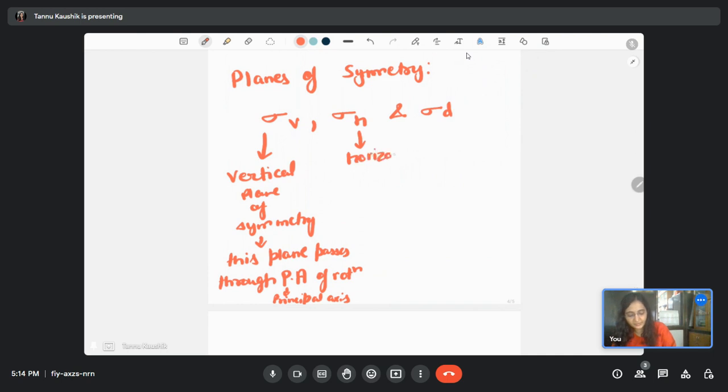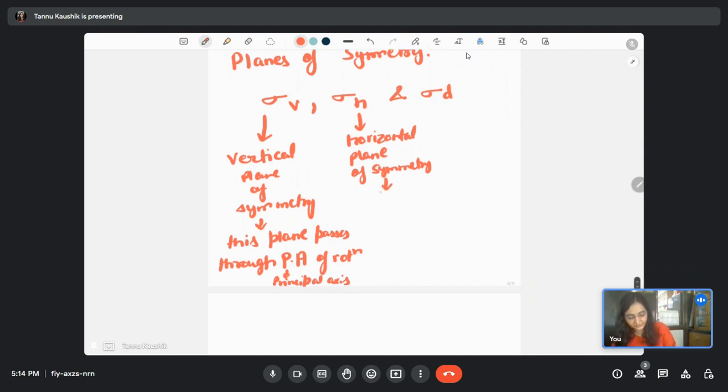And this is a horizontal plane of symmetry. This plane will be perpendicular to the principal axis of rotation.